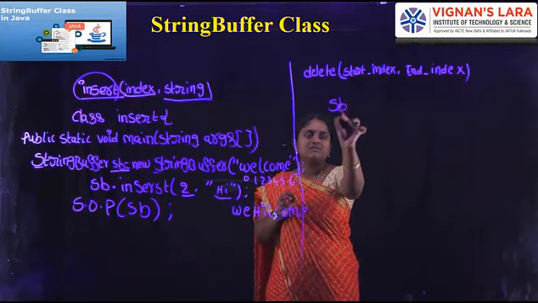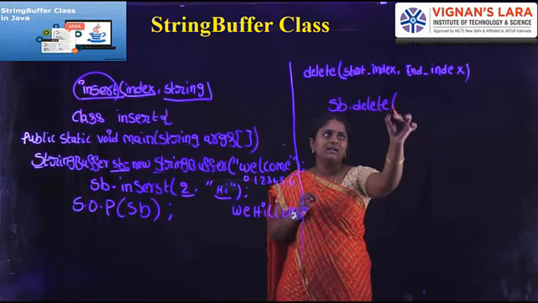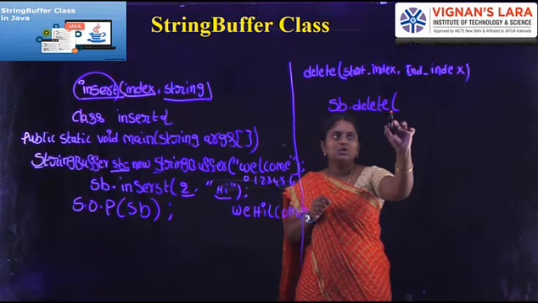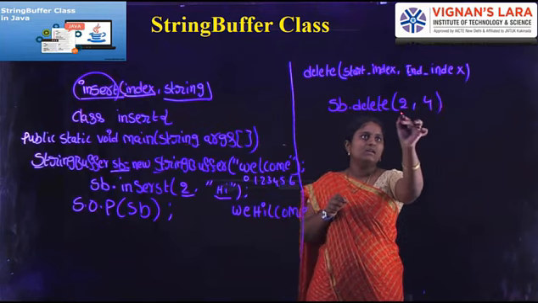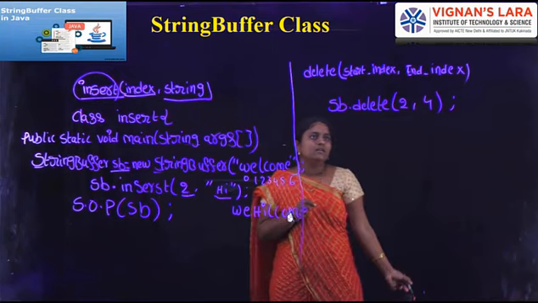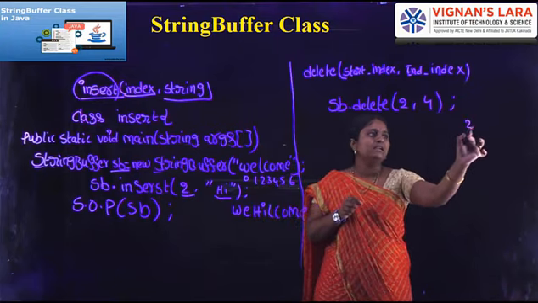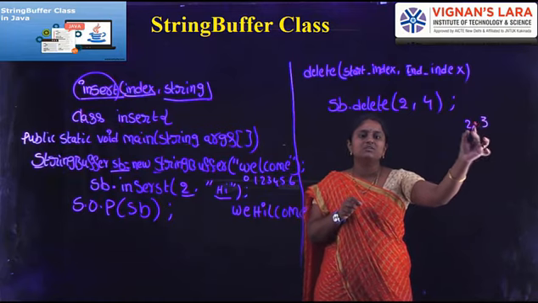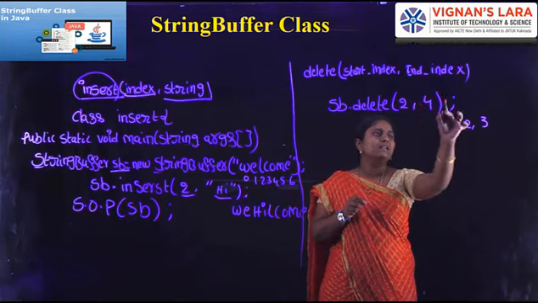With the help of the object reference, I am calling the delete method, sb dot delete. Here the starting index is 2, the ending index is 4. With 2 comma 4, the second index position and third index position are removed from the given string. 4 means ending index minus 1.